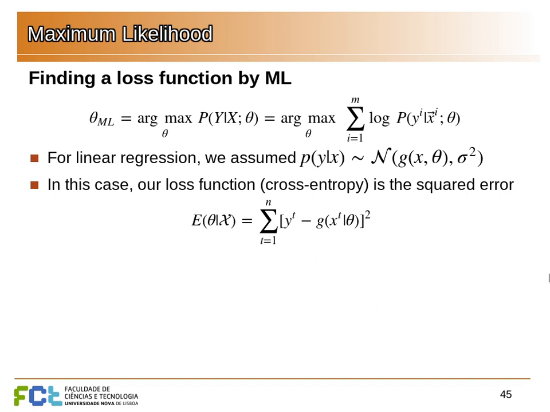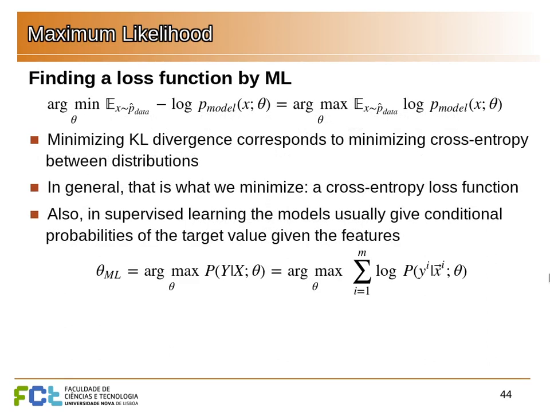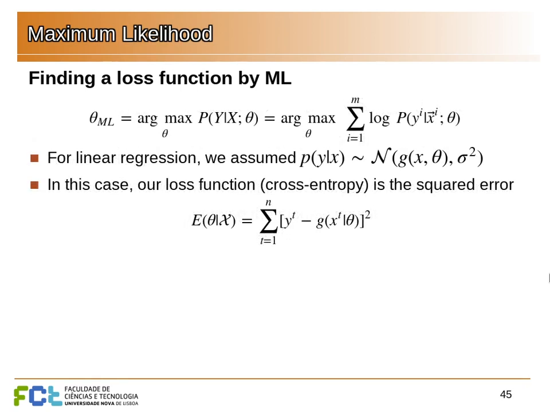In that case, this approach of maximum likelihood by minimizing the cross-entropy loss function will end up being the mean squared error, the one that we saw previously. So if you're doing a regression problem, you should have a linear output on your network, and you should minimize the quadratic error between the output and what you're trying to predict, because that corresponds to the maximum likelihood solution for the parameters.